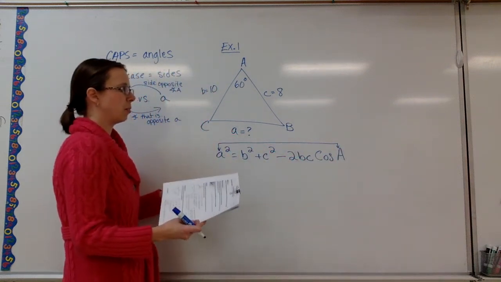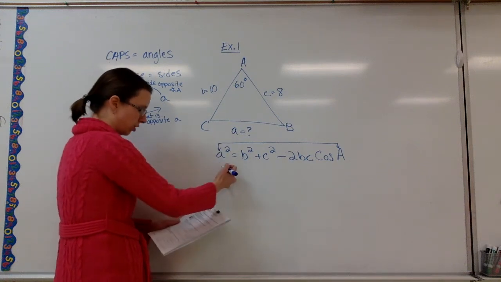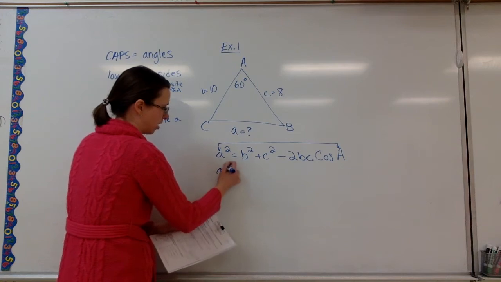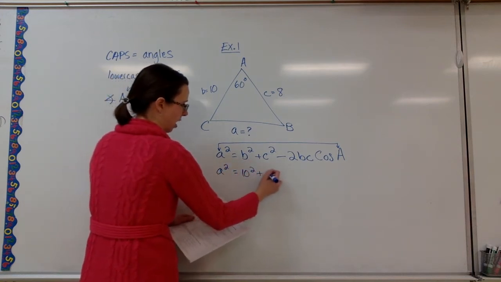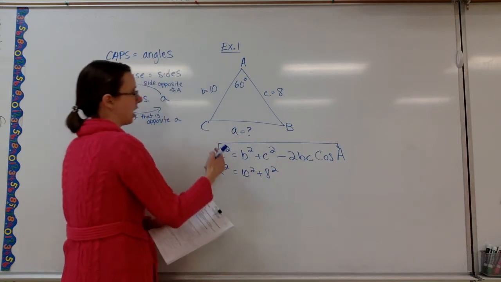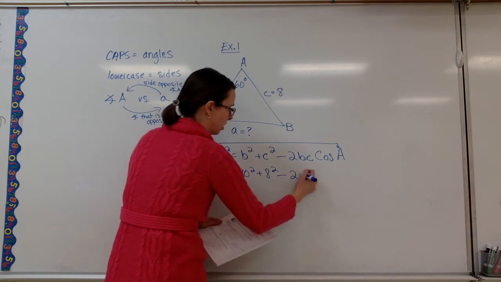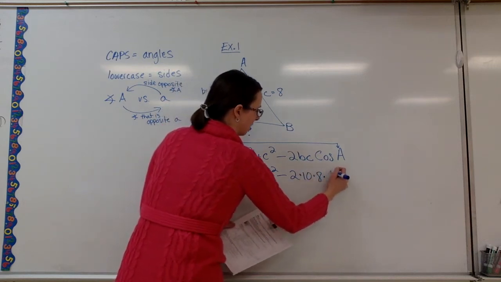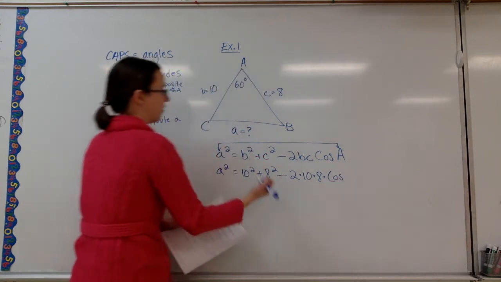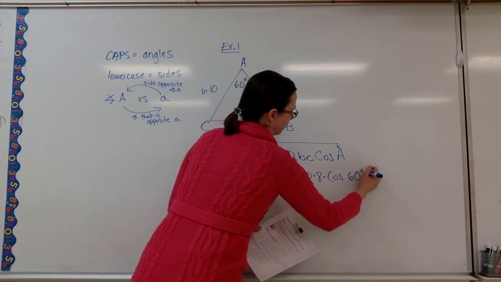So in this picture, we're going to plug in our knowns and find our missing side little a. Our first step is to plug those in. So we have a squared equals 10 squared plus 8 squared, that's little b and little c, and then minus 2 times 10 times 8 times the cosine of the given angle A, which is 60 degrees.